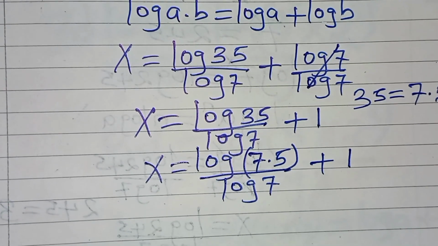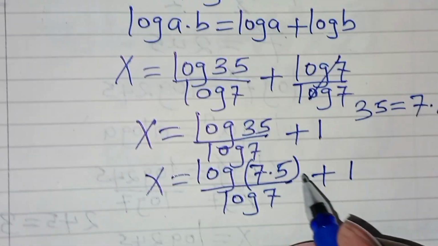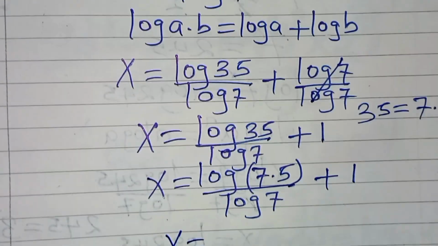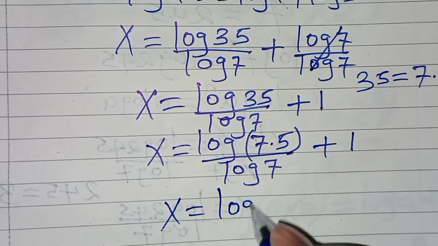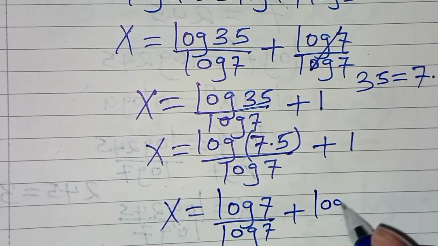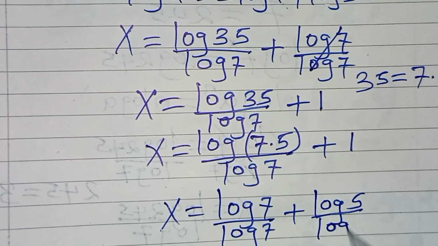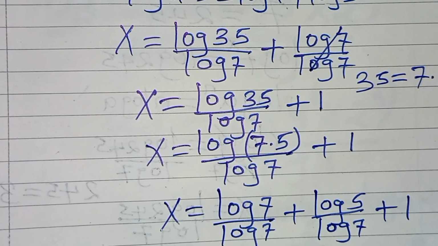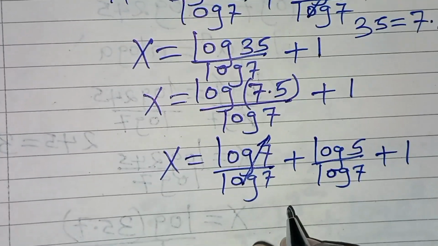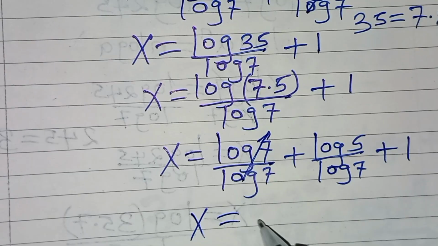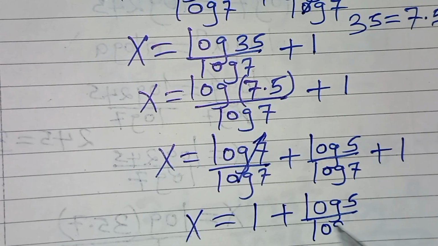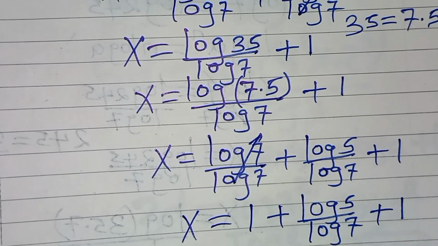Now from here, you find that log of 7 times 5 is in this form. Let's apply this property, so that x is equal to log 7 divided by log 7 plus log 5 divided by log 7 plus 1. So let's simplify here again. Log 7 and log 7 simplify, so that x is equal to 1 plus log 5 divided by log 7 plus 1.